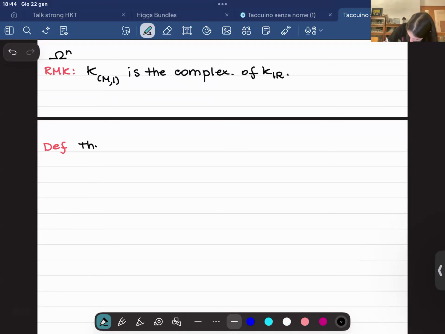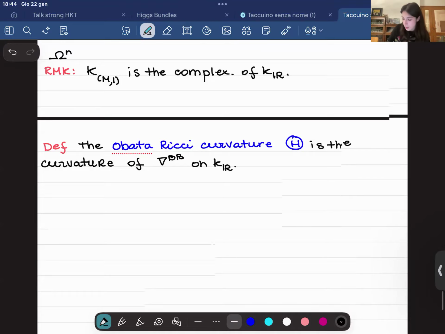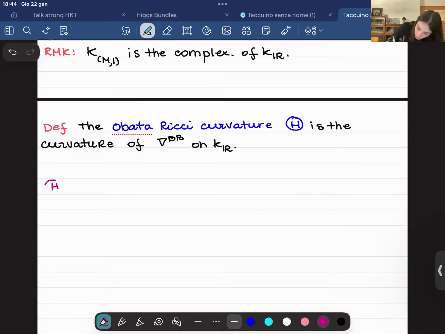The Obata-Ricci curvature, I will call this capital theta, I hope that this is a theta, is the curvature of the Obata connection on my bundle K_R. My theta is actually a two-form, and I can prove two facts.